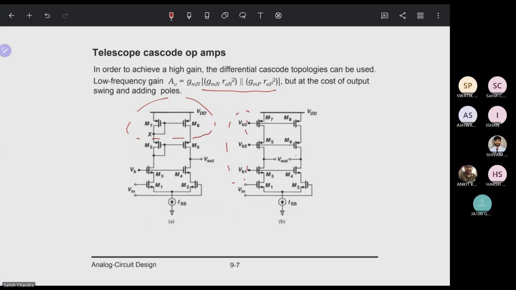Our differential input comes out in terms of V out, but this bias voltage changes the gm accordingly, since the transconductance depends on the bias voltages VB3, VB2, VB1. So now we can tune that system on the basis of VB1, VB2, VB3.